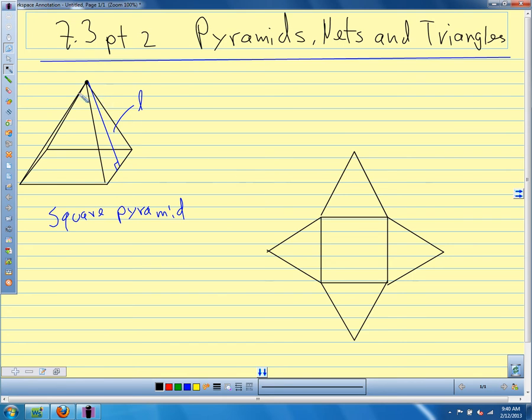So if I take this slant height and I draw it in on my net, the slant height is going to go down the middle of each of these triangles. So that's where the slant height would end up when I make my net.